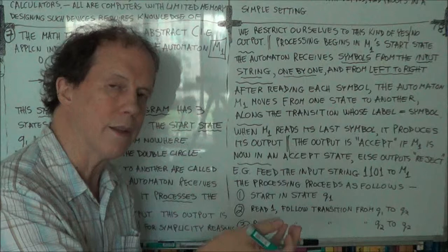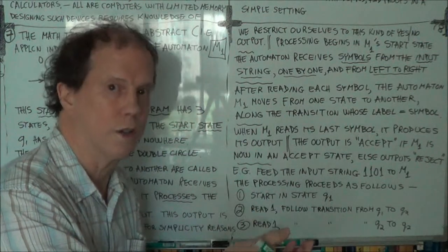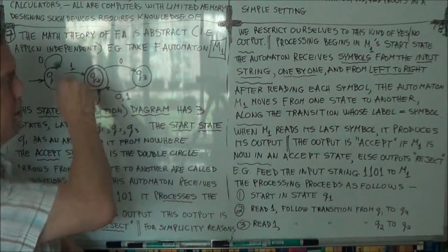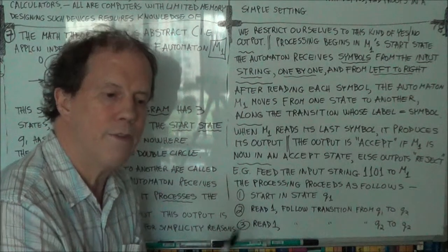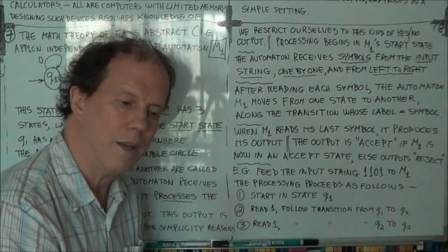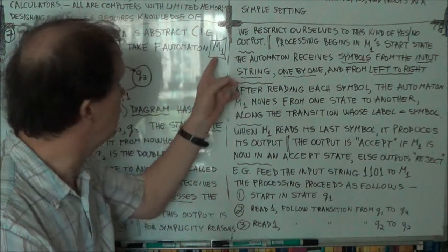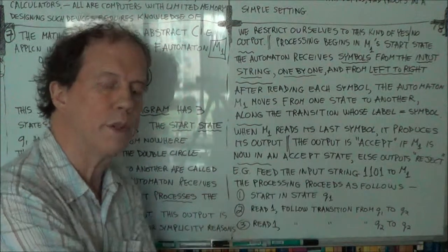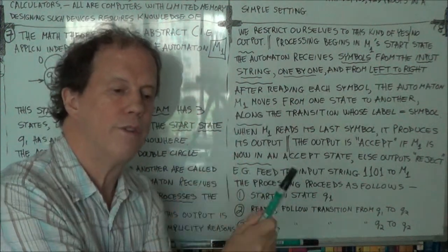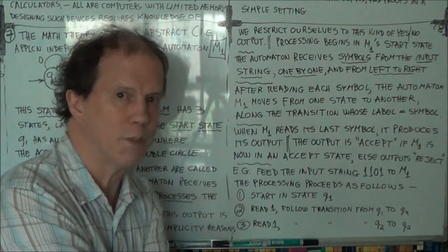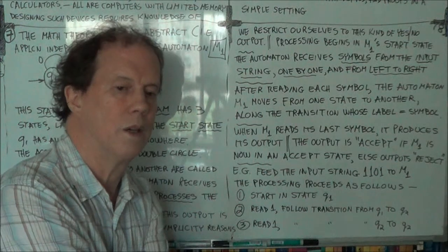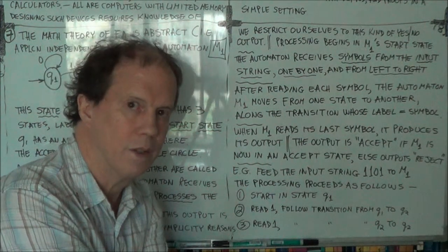If that final state is not an accept state, not a state that has two circles, then the automaton, M1 for example, will output reject. So in other words, if your final state is not an accept state, the automaton will output the decision reject. Okay?